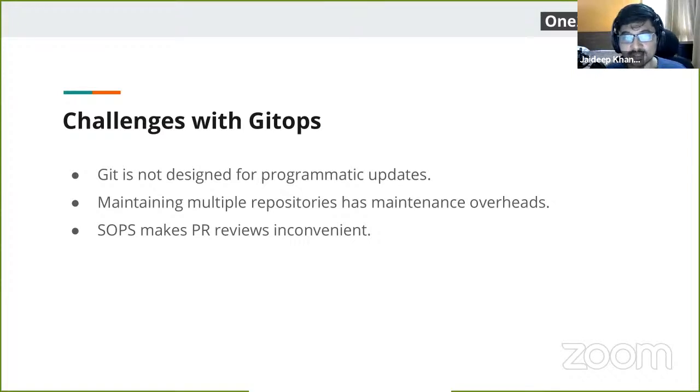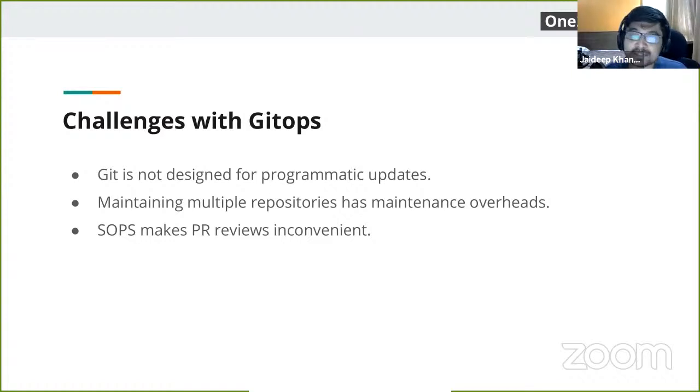That can work. Maintaining multiple repositories has a maintenance overhead, and if you have different teams and everybody is pushing to the same repository, there is a chance that you want to create Chinese walls in between. That can become a problem. For Flux, multi-tenancy is still not there, which is supported by Argo, but Flux is working towards that.